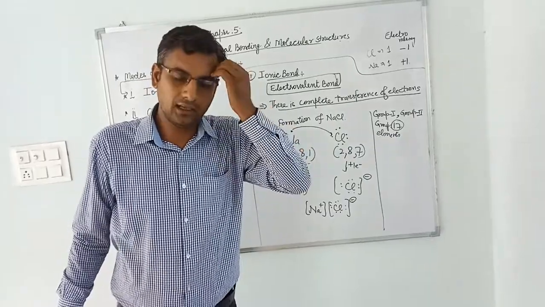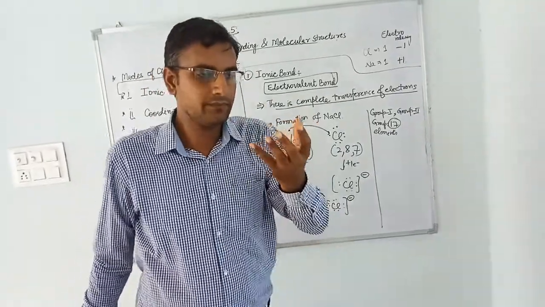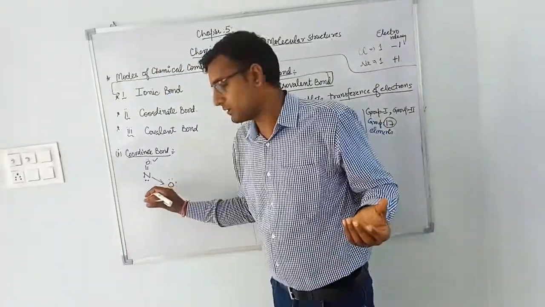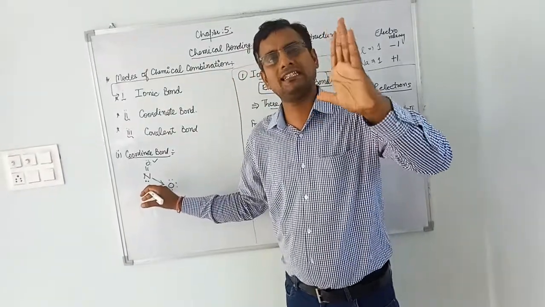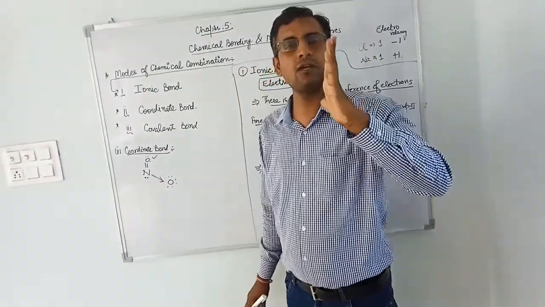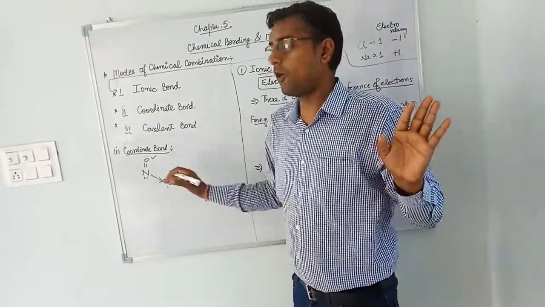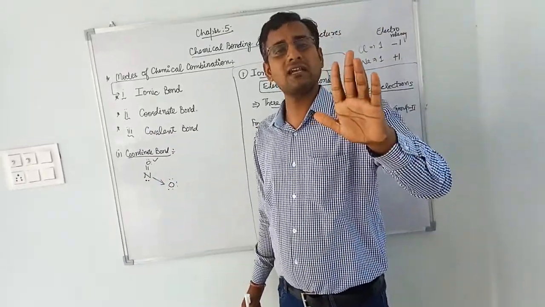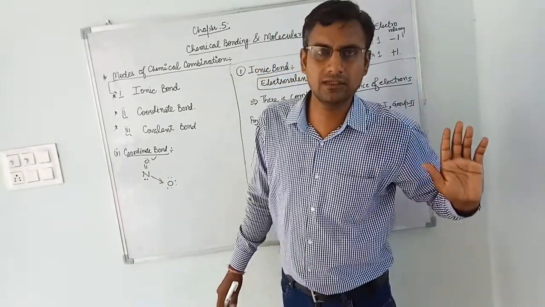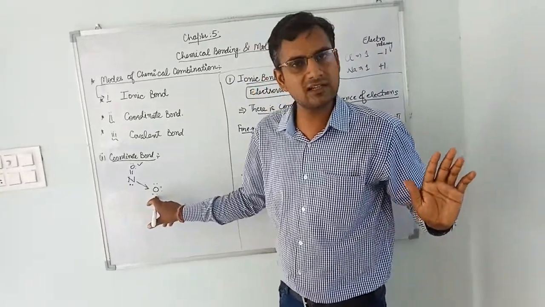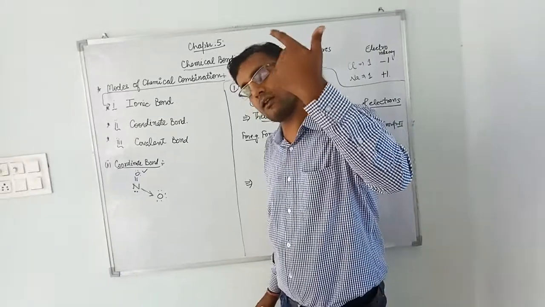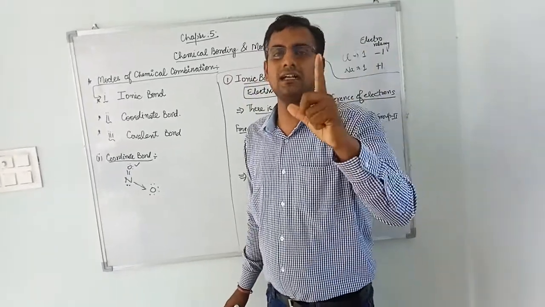Again I explain to you that here only one atom donates, but in case of covalent bond both the atoms donate and share the electrons. Both nitrogen and oxygen share it, but the nature is that only one atom donates.